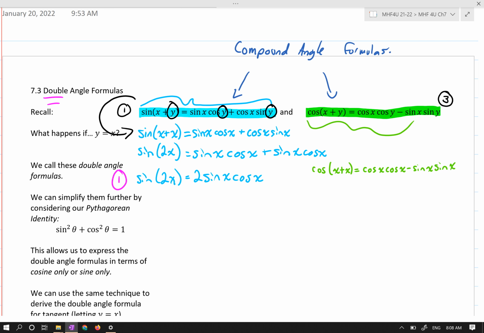And again, we can take out any of these y's, and we can substitute in x. So again, this would be our equation from yesterday under the special circumstance where y is equal to x. So I'd be left with the cosine of x plus x is equal to the cosine of x times the cosine of x minus the sine of x times the sine of x.